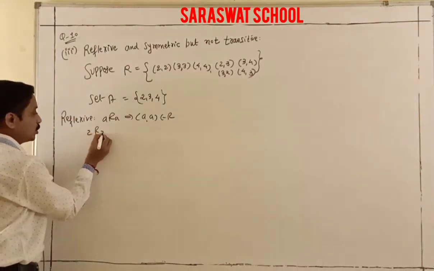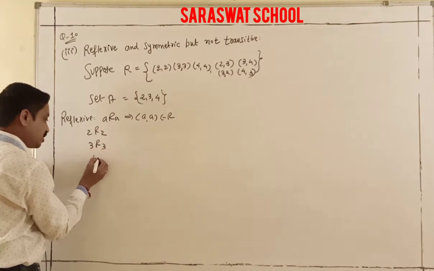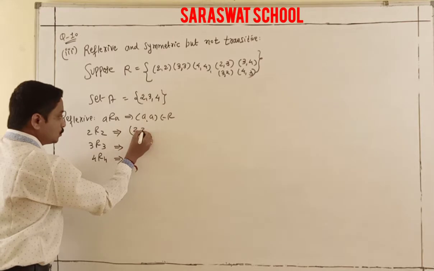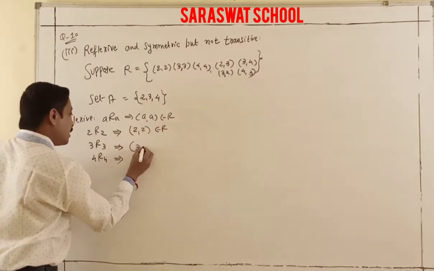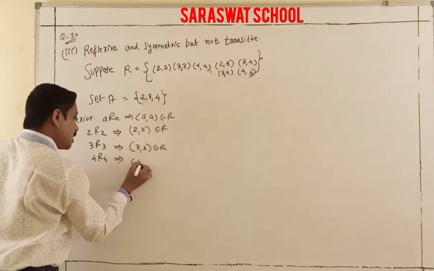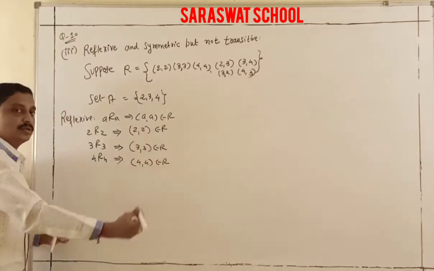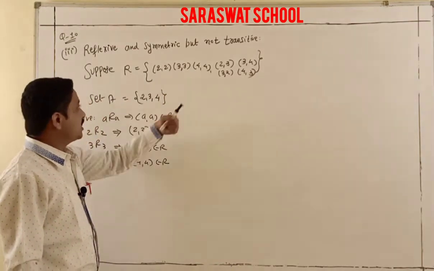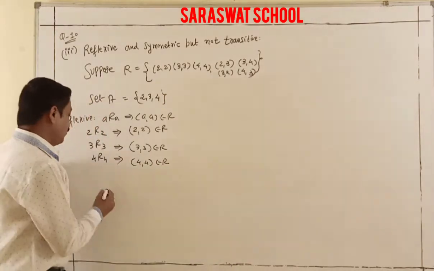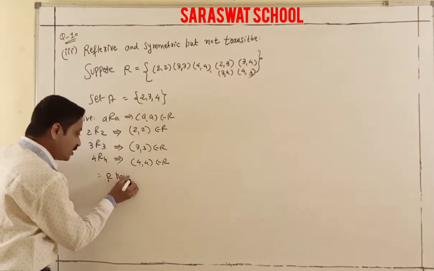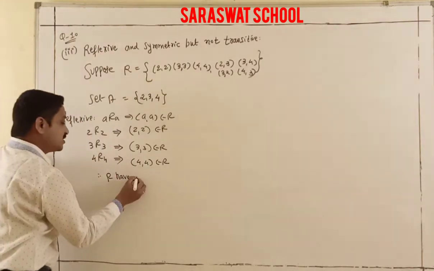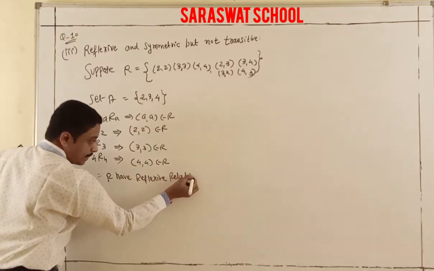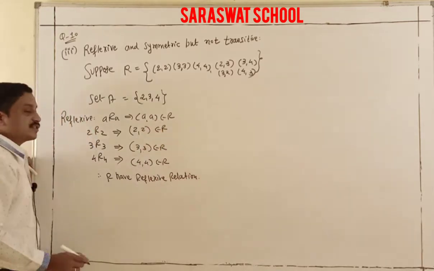Check here: 2 relation 2, 3 relation 3, 4 relation 4, all belong to R. Yes, all are in R. So definitely R is a reflexive relation. Your first case is done.